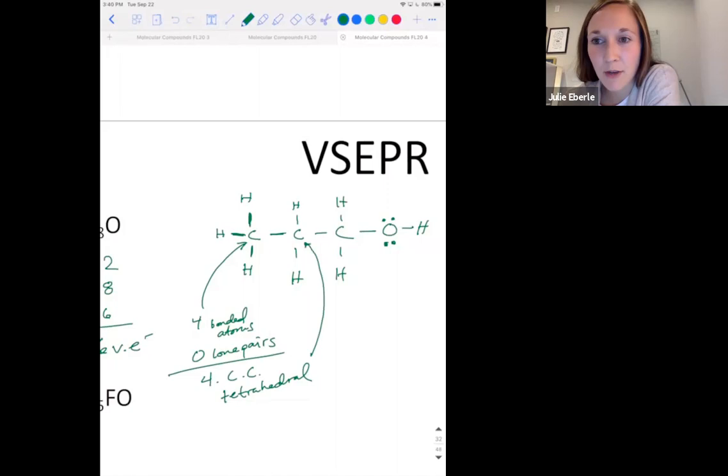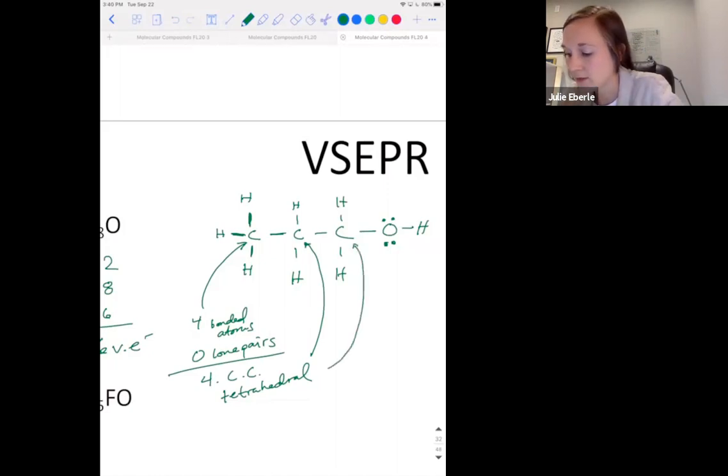What about carbon number 3? It also has the same. So oftentimes if you have central atoms that have the same geometry, versus writing the word tetrahedral 4 or 5 or 6 times, you can just draw arrows like that if you want to.